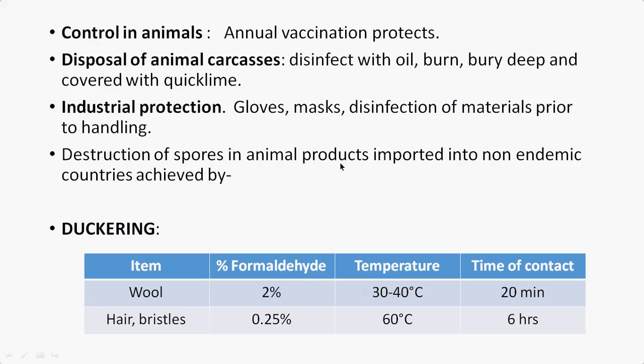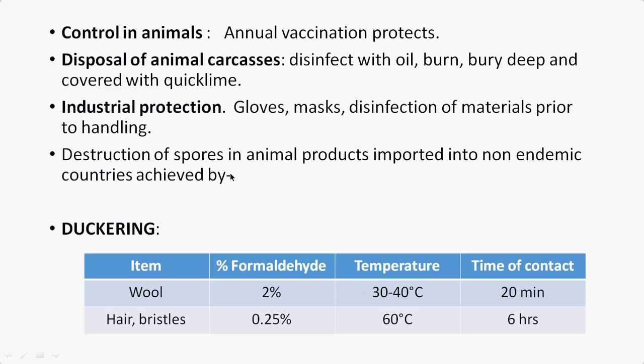And destruction of the spores in animal products imported into a non-endemic country. Where cases have not been reported, in non-endemic countries, whenever we export animal products like wool and hair, the spores have to be destroyed.